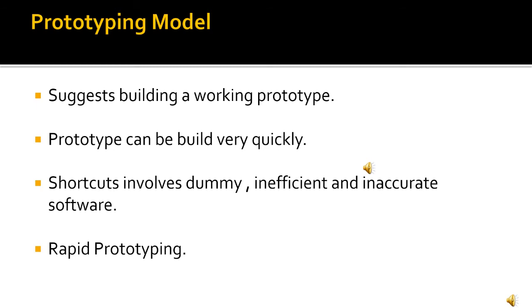So this is rapid prototyping. Rapid prototyping is used when software tools are used for prototype construction. For example, tools based on 4th generation languages may be used to construct the prototype for the GUI parts.